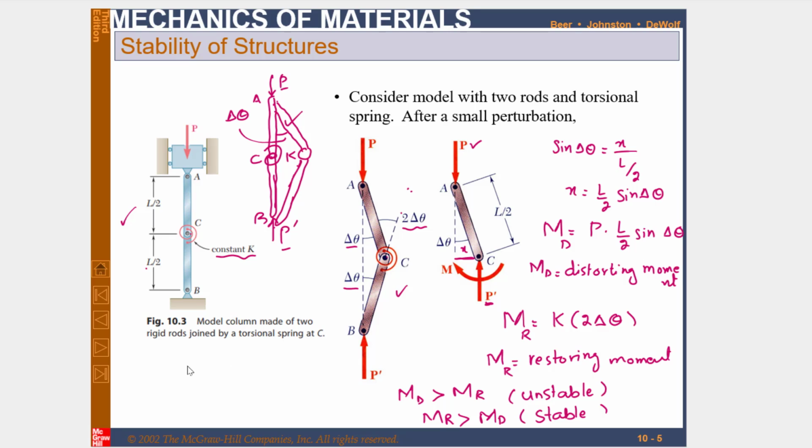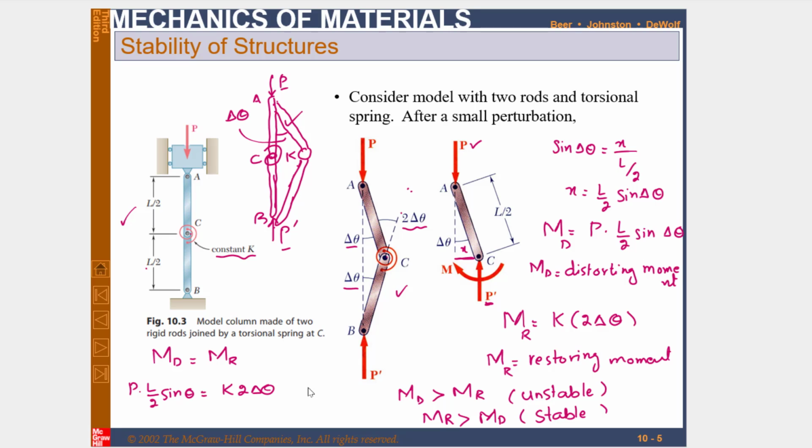Now for finding the load at which the system will be able to come back to the original position, the distorting moment is equal to the restoring moment. MD is equal to P into L over 2 sine of delta theta, equal to K into 2 delta theta. Now we have considered this delta theta to be a very small angle.